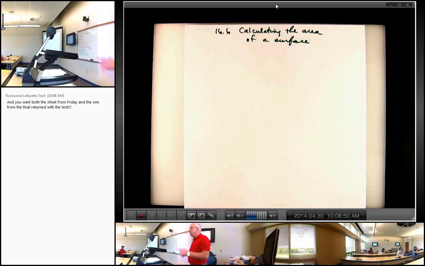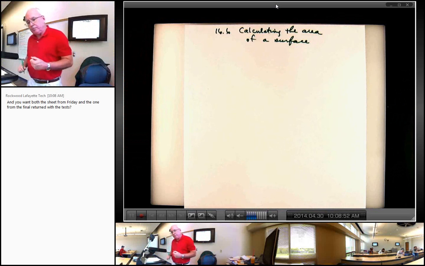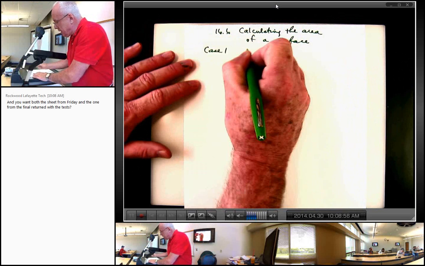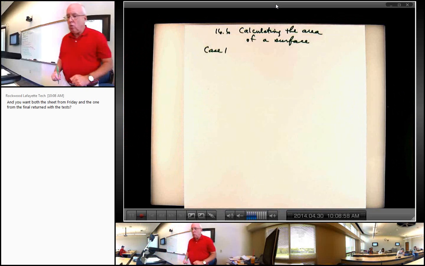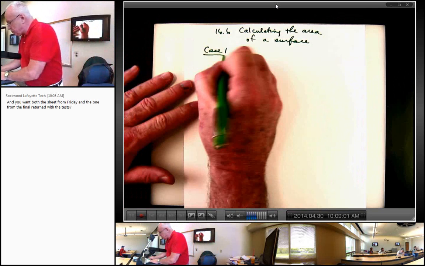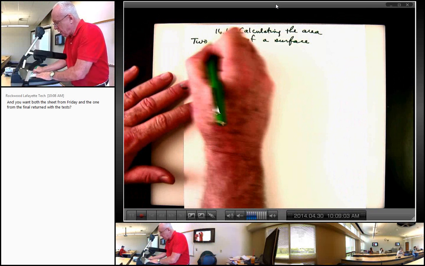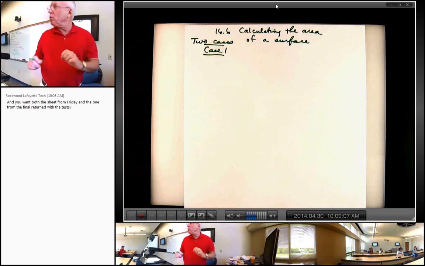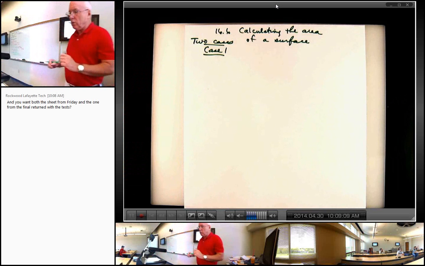And there are basically 2 cases here. Case 1 and case 2. Now, case 1, we'll go over this first. So 2 cases. And each case has a little bit different formula connected with it, okay?